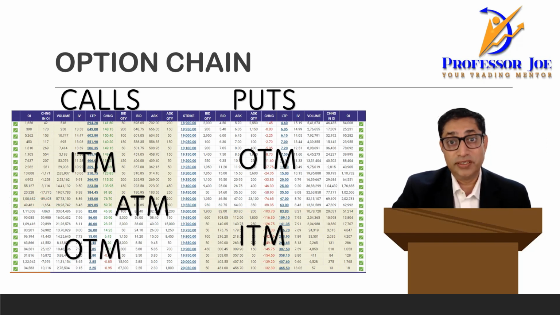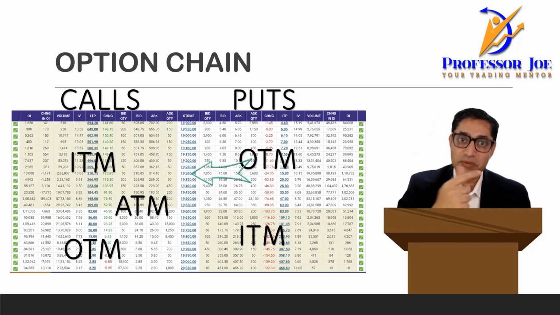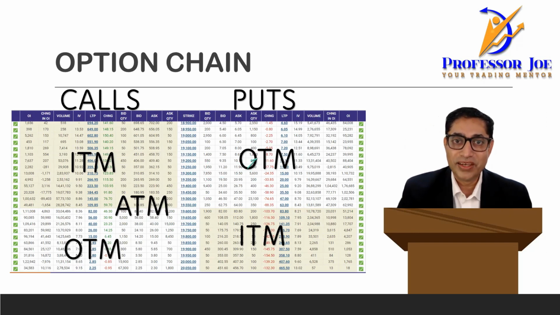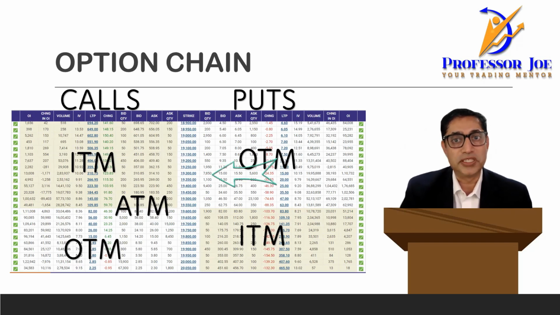Or you have an option to enter at a price which is below, where the market has already crossed that level. ITM, in the money, means the market has already crossed that level. So you can enter in an ITM probably at a 19,200 or 19,300 strike price, or you have an option of entering where the market has not yet reached, say 19,800, because currently the market is around 19,550, right?